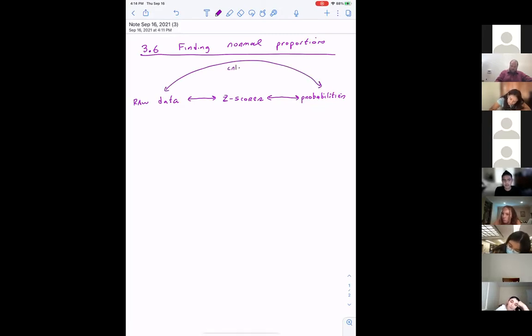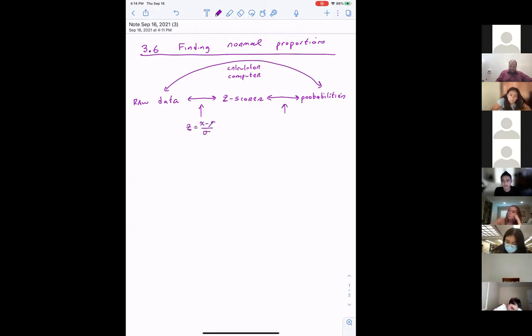So this is via calculator or a computer. If you don't have those and you have to go from z-scores, you would do that route, and this one uses tables. This one uses the formula z equals x minus mu over sigma.